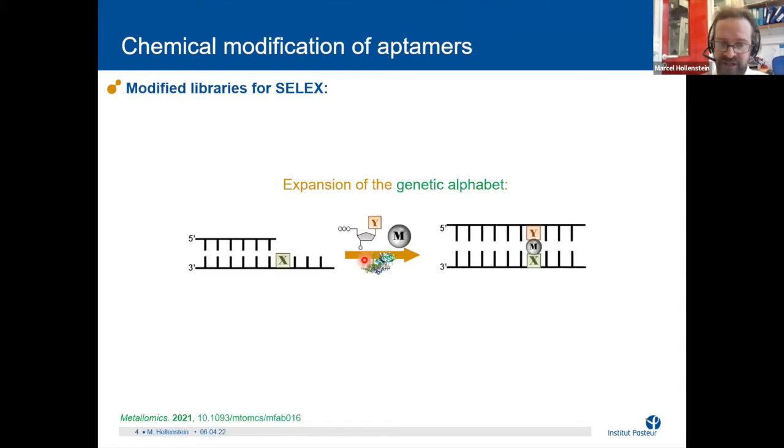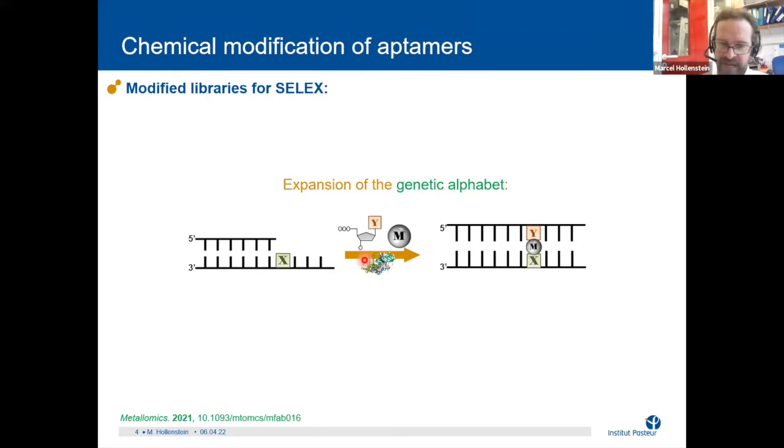In the second strategy, we try to expand the genetic alphabet by having, in addition to the ACGT base pairs, an additional XY base pair that is mediated by metal binding.